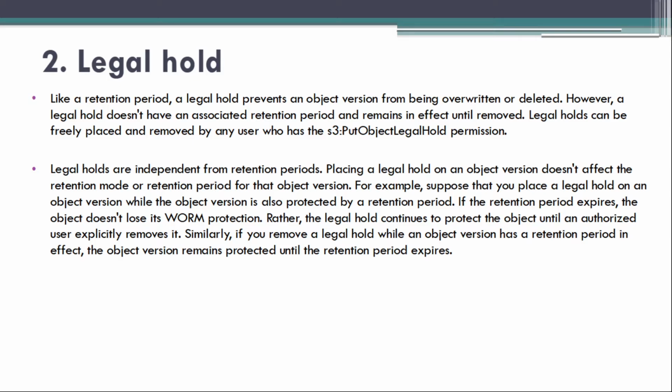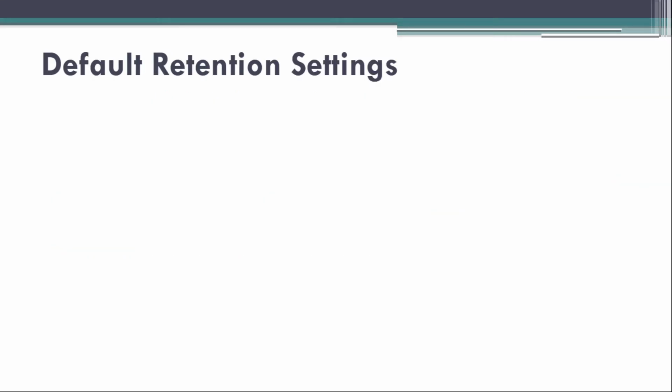If it is in the retention period, a user can apply or remove that legal hold. If your legal hold is removed but your retention period is still in effect, your object will remain protected until that retention period ends.